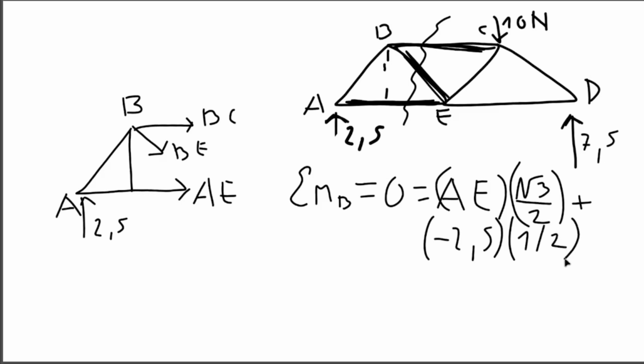So we have that. Now we can do different things, but I would perhaps write, we can say that the 2.5 is 5/2. Then 5/2 times 1/2 is 5/4. So the equation is written as this.